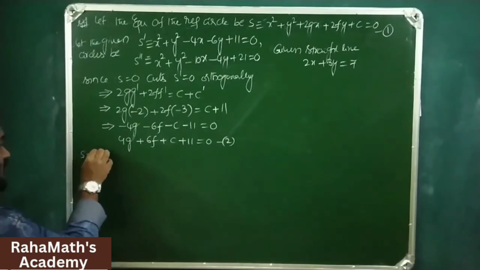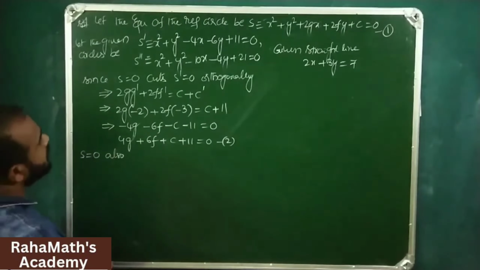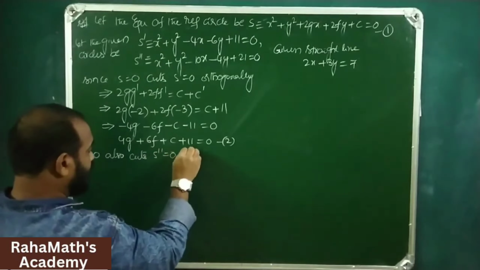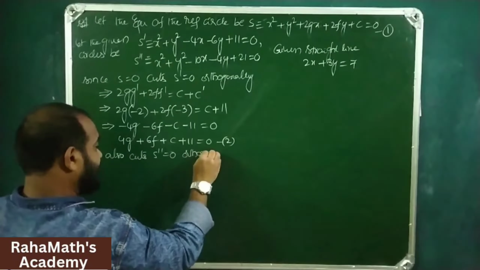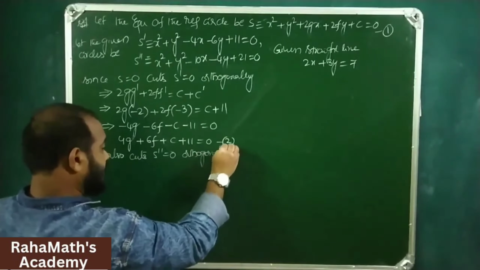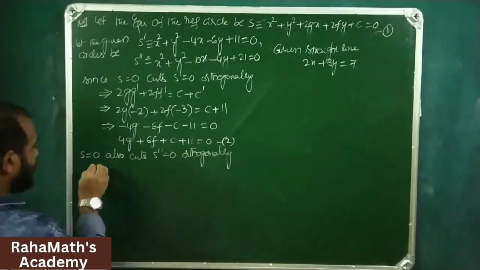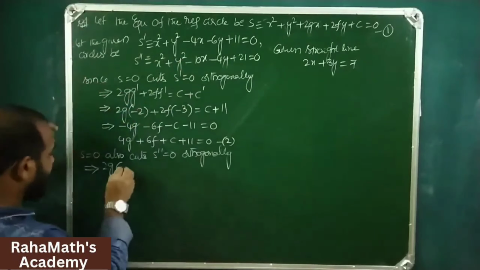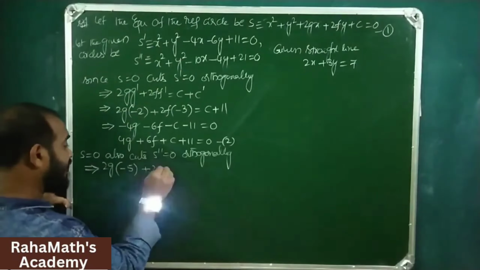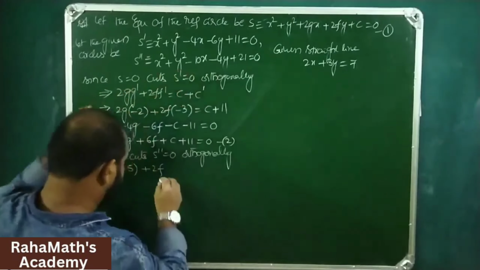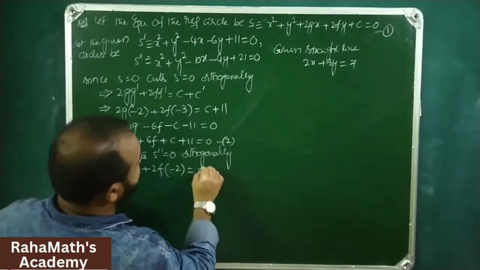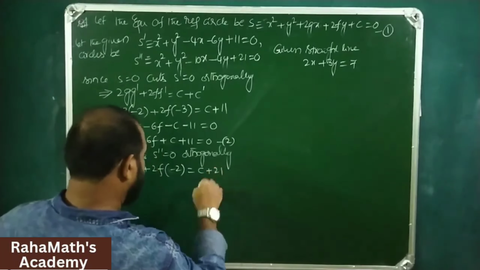So S equals to 0 also cuts S'' equals to 0 orthogonally. This implies 2g' is minus 10, 2f' is minus 4, equals to c plus c', c plus 21.